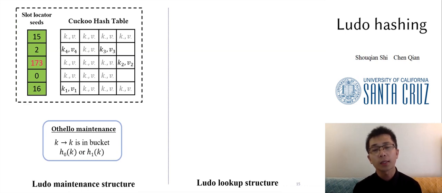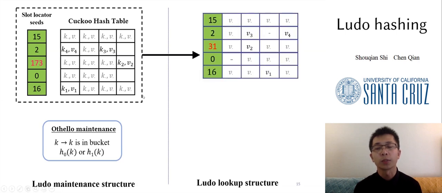First, the hash seeds and the cuckoo hash table are combined to produce the table body in the lookup structure. During this process, values and seeds are kept while the keys are dropped. Besides, values in each bucket are reordered according to the generated slot locator from the hash seed. To achieve maximum compactness, we use bit-level compression for the table body, which means not a single bit is wasted for memory alignment.